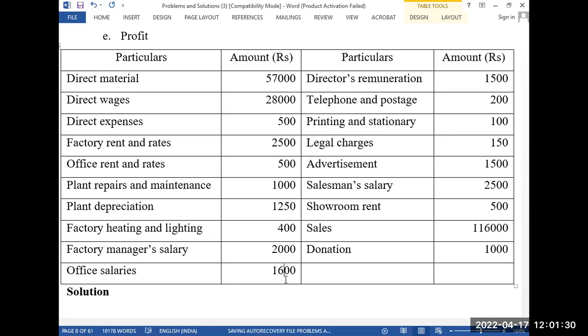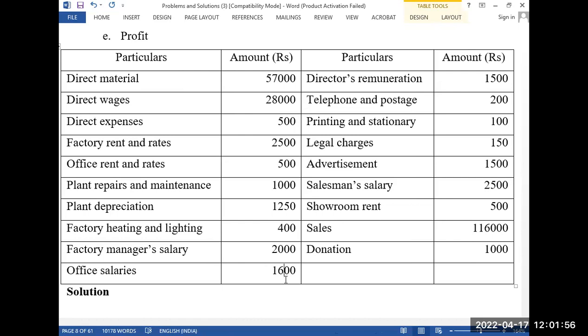What's the prime cost? 85,500. How many items are there in factory overheads? Five items, sir.